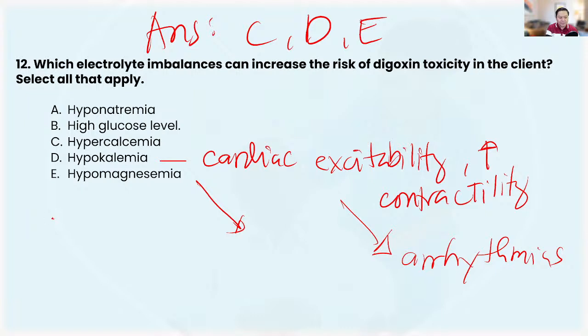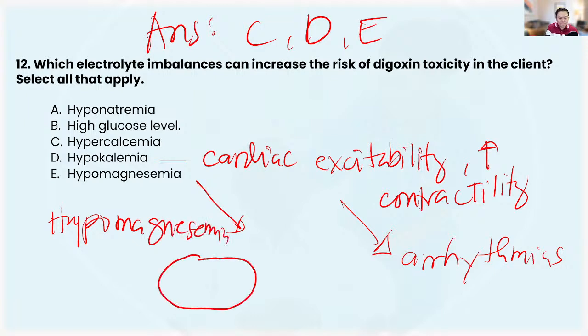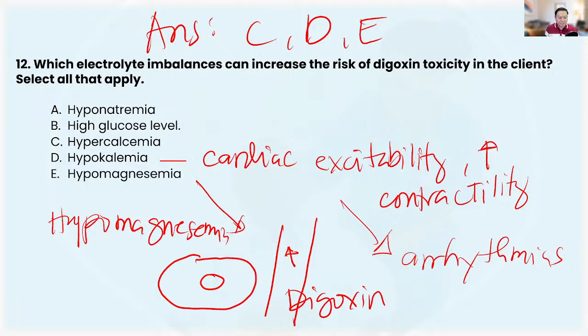Okay, if there is hypomagnesemia plus the digoxin, plus decreased magnesium level, it can allow the calcium ions to go inside the cardiac cells.